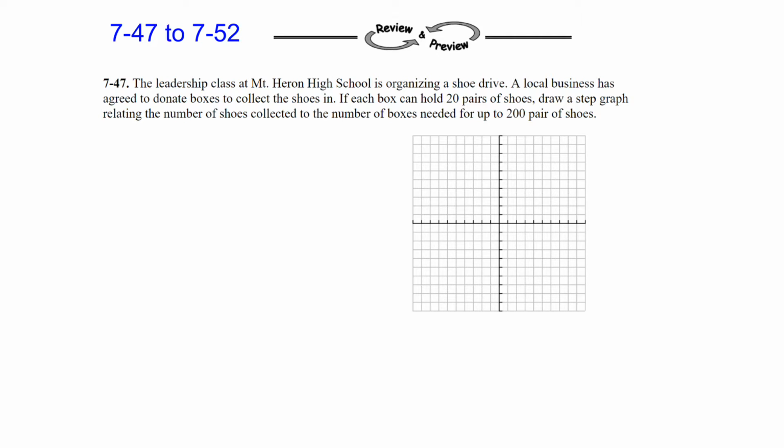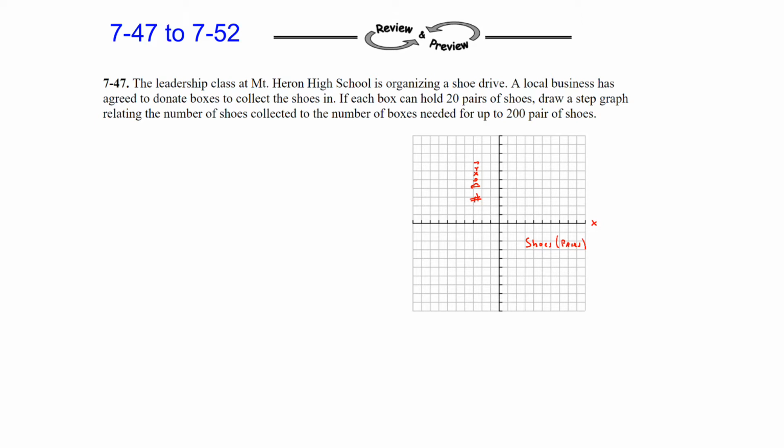So we need to label our X and Y axis. The X-axis would represent the pairs of shoes, and then the Y-axis is going to represent the number of boxes. Okay, and then we also need to set up our intervals as well.